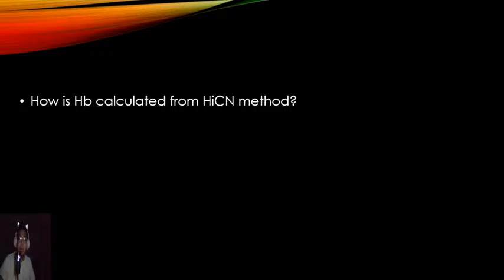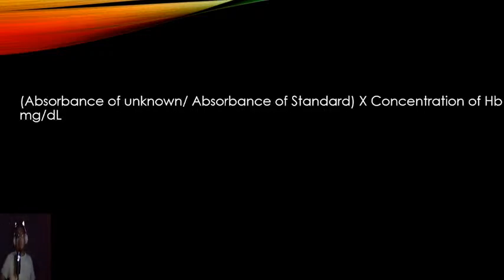As I mentioned before, it is a spectrophotometric analysis, and the formula is basically as such: absorbance of the unknown divided by absorbance of the standard multiplied by the concentration of hemoglobin in milligrams per deciliter. Now, this is again one of the questions in the question bank. So please be mindful, especially when it comes to calculations.